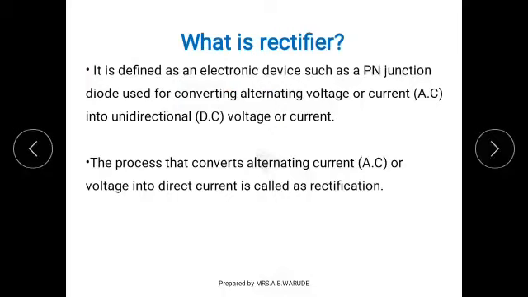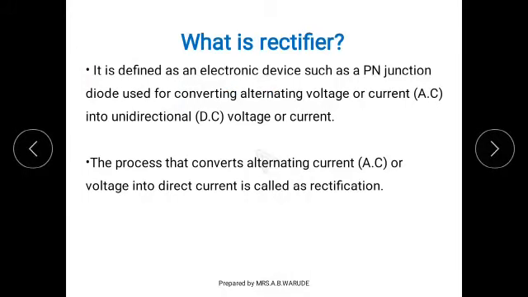First we see what is a rectifier. As we studied in chapter number 1, that is semiconductor diodes, this rectifier is also an electronic device such as a p-n junction diode, and it is used for converting alternating voltage or alternating current into unidirectional voltage or current.